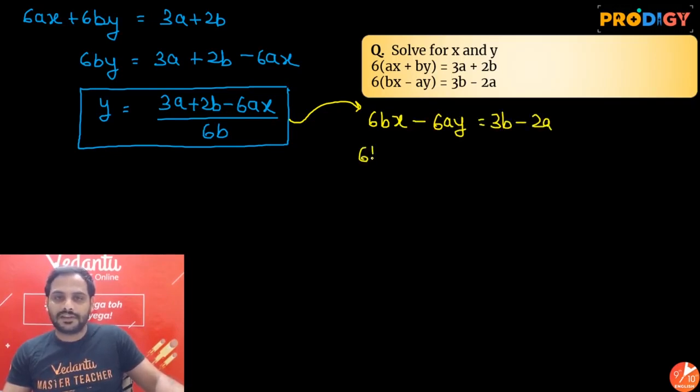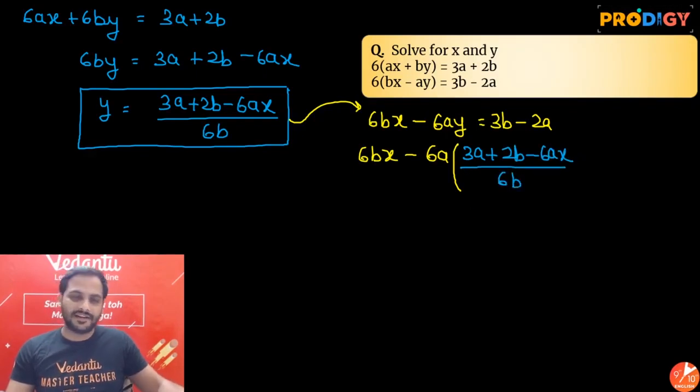So it will be 6bx minus 6a into y, where y is 3a plus 2b minus 6ax whole divided by 6b.